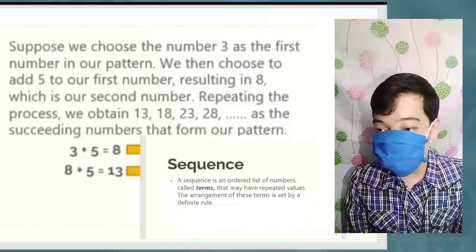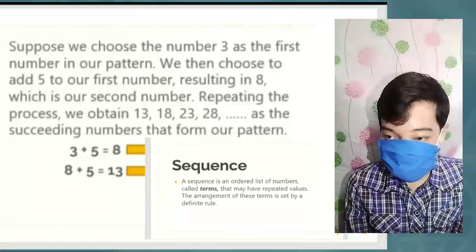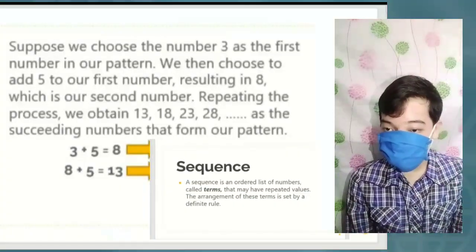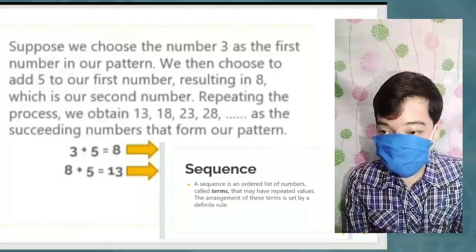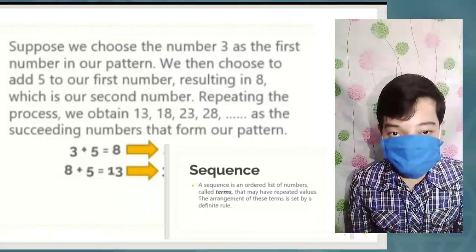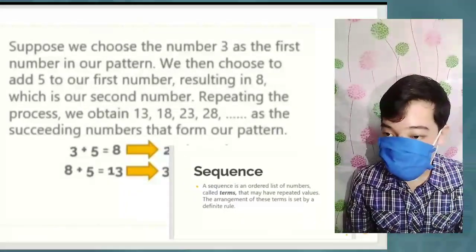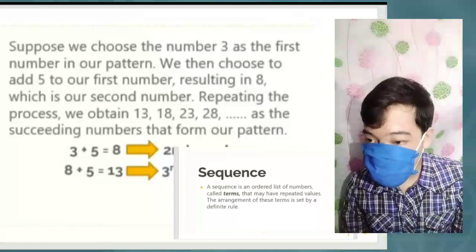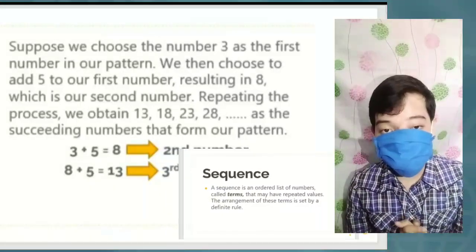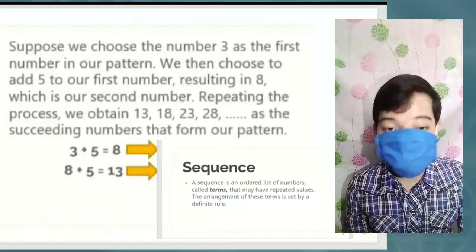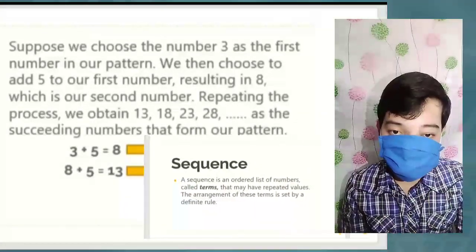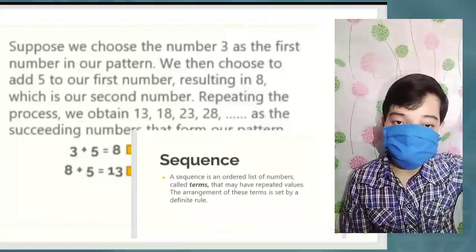So if we add 5, which is the term, we have 13, and using 13 we add 5 again, and we have the result of 18, and so on and so forth.